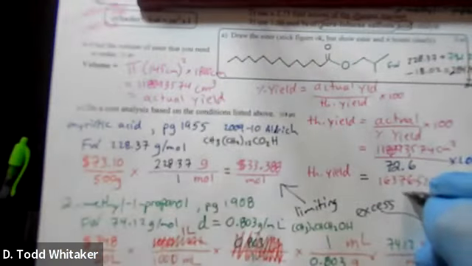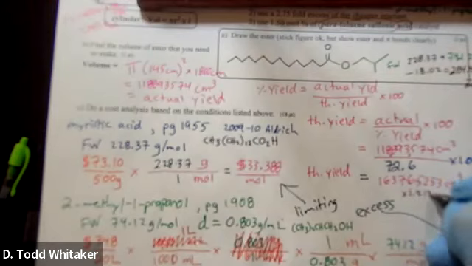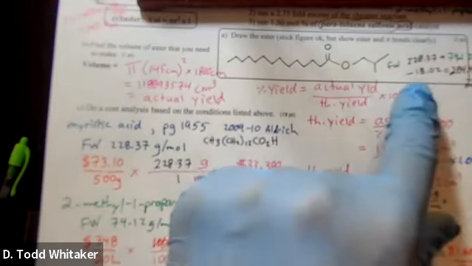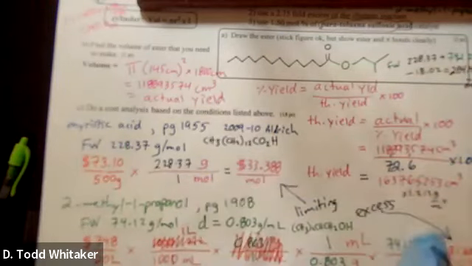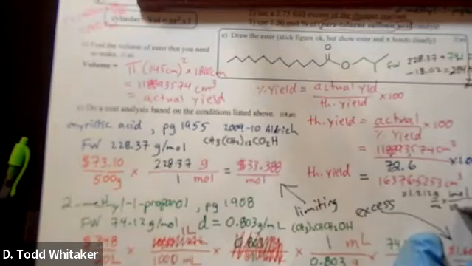Times 1.212 grams per milliliter times 1 mole for every 284.47 grams.